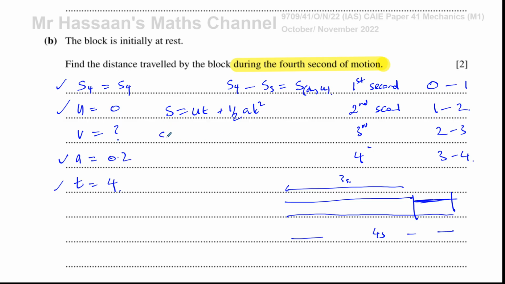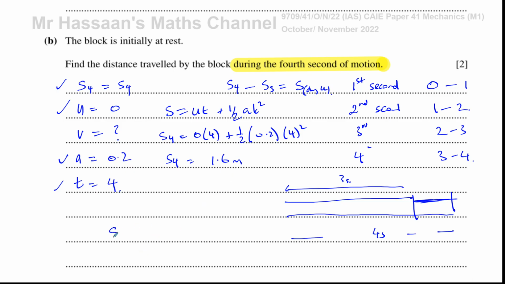Okay, so for the first 4 seconds, it's going to be 0 times 4, plus a half times 0.2 times the time, which is 4 squared. So for the first 4 seconds, it's going to travel 1.6 meters. Why? Because that's 0.1 times 16. All right.